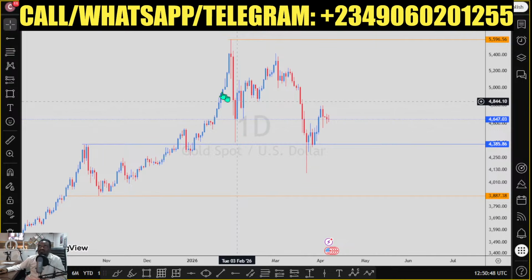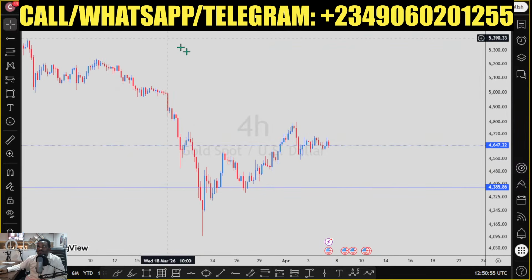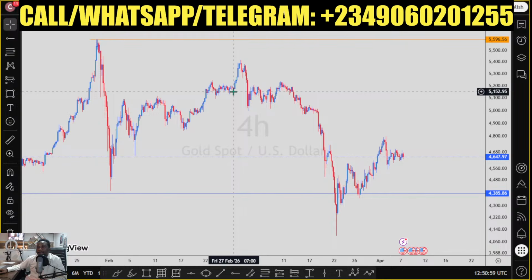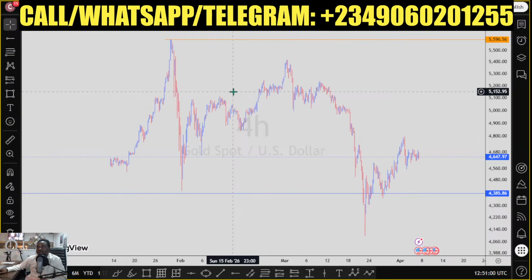So from the 4-hour chart, we look out for more levels. Now here comes the 4-hour chart. On the 4-hour chart, we want to read structures.